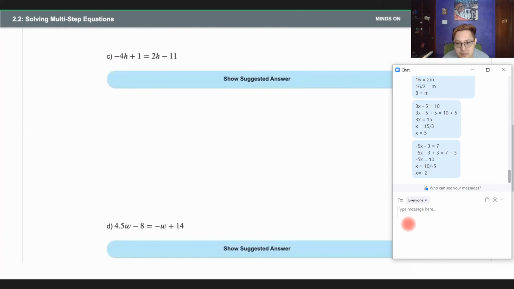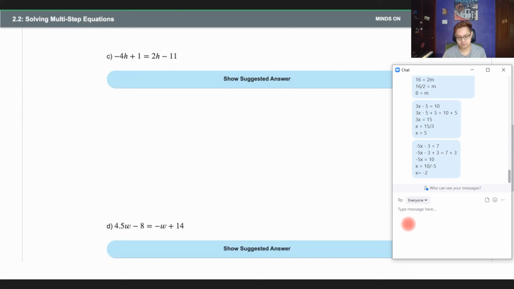For this one you bring the negative 4h over to the left side, so it becomes positive, so 2h plus 4h is equal to 6h.